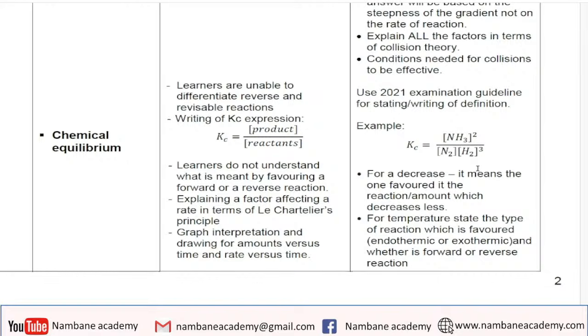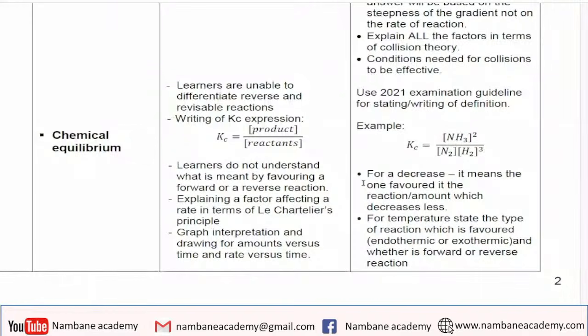If it is balanced by 2, it will be 2. If it is balanced by 3, it will be 3. If it is balanced by 1, it will be 1. So don't write the general form; there's no mark for writing it. You must write the specific expression using the real reactants and products that you are given in your reaction. That is very, very important to do.